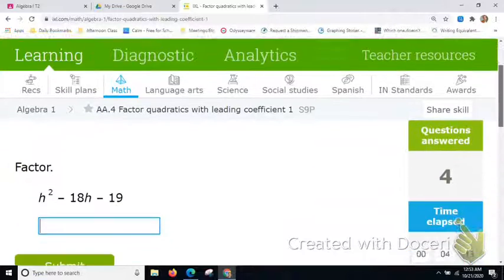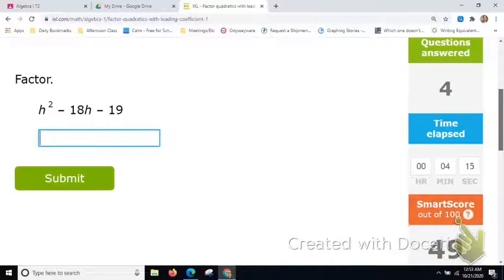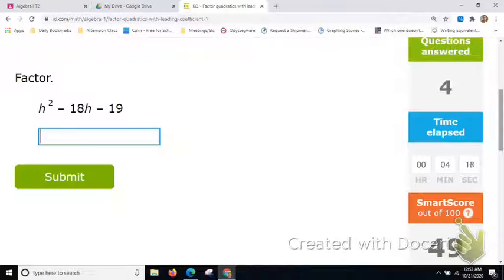Alright, let's see what we got next. Alright, try that one. Of course, we know it's going to start with H. Think about your signs. I have a negative 19 for my constant, so I'm going to have one of each. I'm going to go ahead and put my plus first.